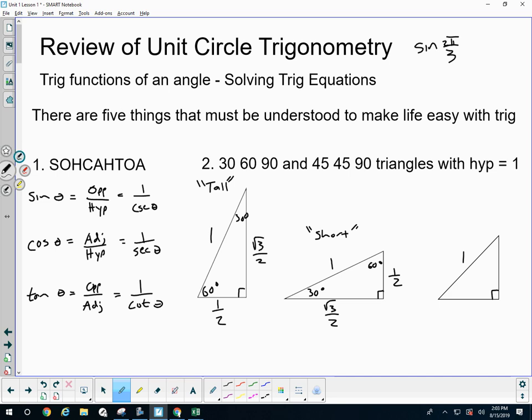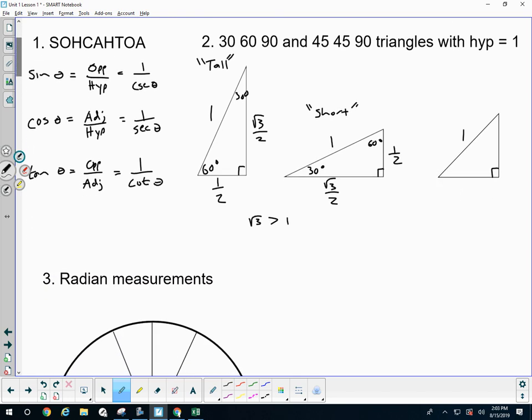I know √3/2 is bigger than 1/2 because I know √3 is bigger than 1. And since root 3 is bigger than 1, root 3 over 2 is larger than 1/2. So I consider this the longer side.